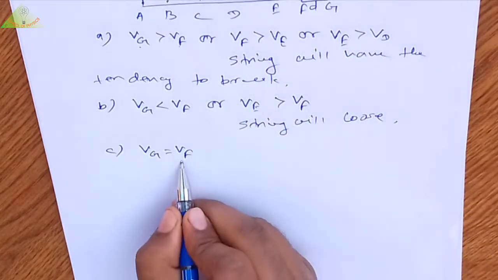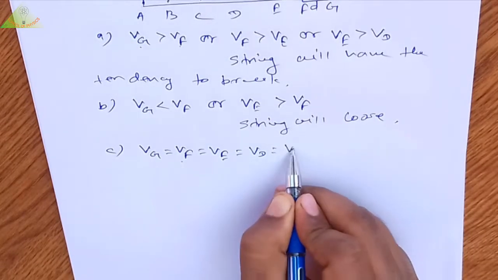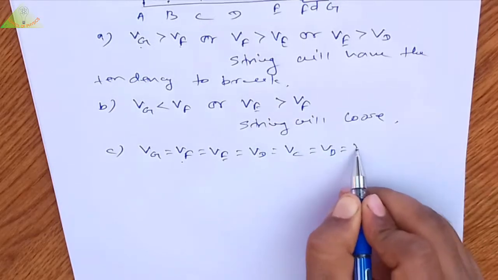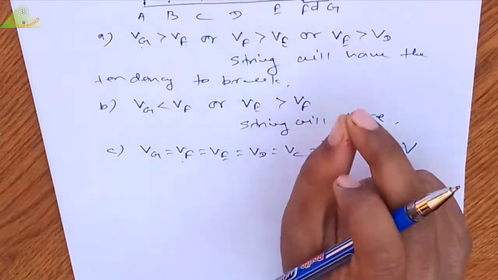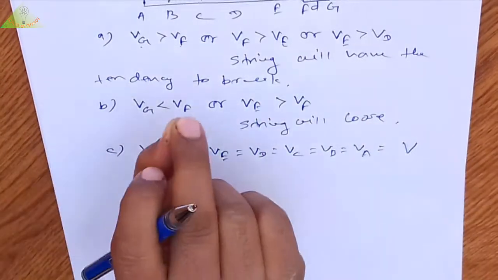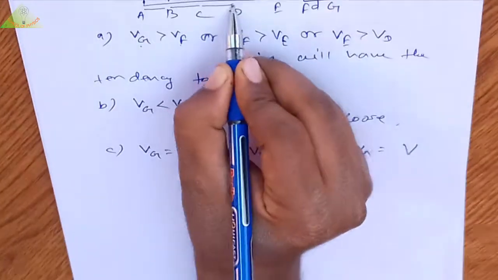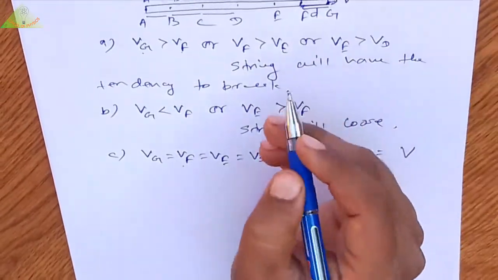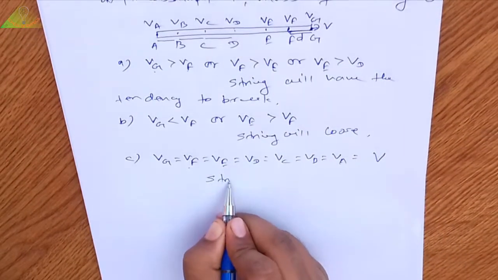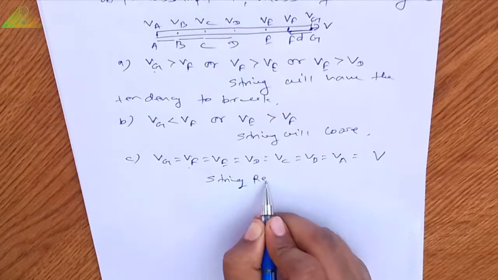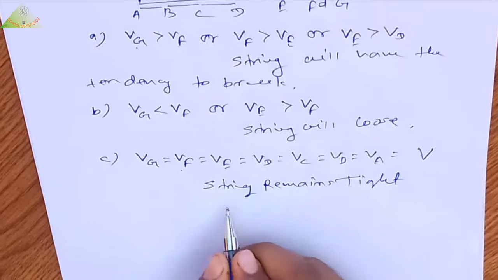That is, if Vg is equal to Vf is equal to Ve is equal to Vd is equal to Vc is equal to Vb is equal to Va is equal to some generalized velocity V, it means all the points on the string will be moving with the same velocity, resulting in the same displacement between the corresponding points. And this is the condition where the string remains tight, and this is constraint.